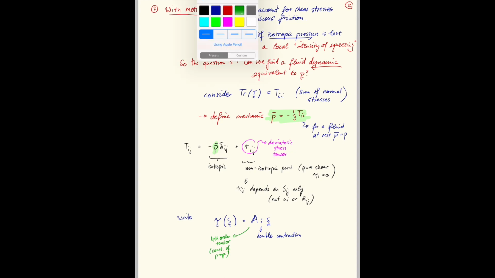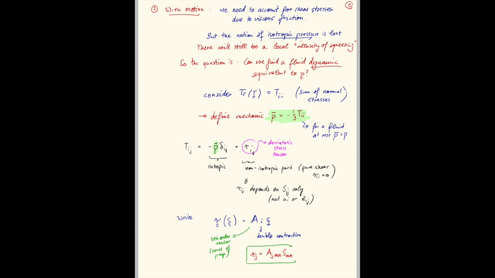So in index form we have tau ij is Aijmn Smn, and this really is the simplest way of relating every component of tau to all the components of S.